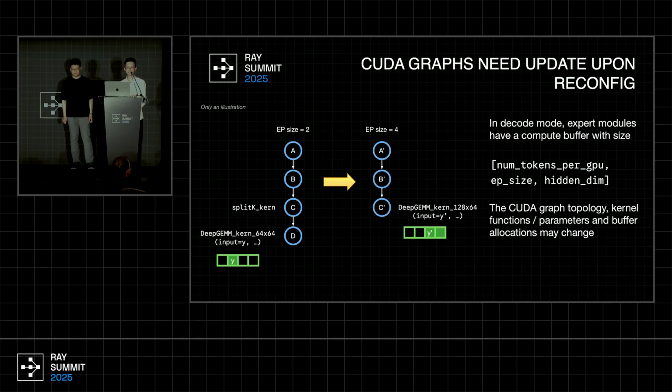After the EP size is changed, we may have different CUDA graph topology and different CUDA kernel function implementations optimized for the particular compute size. We also need to reallocate the compute and communication buffers for these kernels. So essentially, we have changes in the graph topology, the kernel functions, and all the buffer pointers.